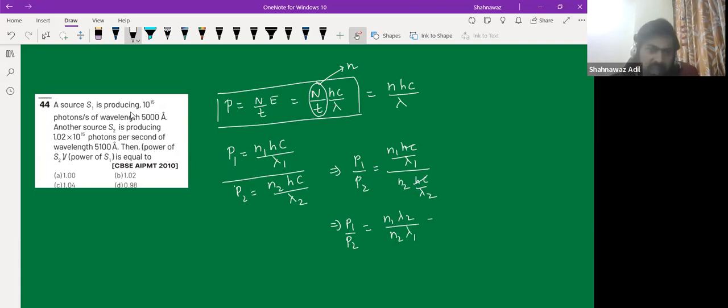So N1 is 10 to the power 50. Lambda 2 is 5100, and divided by N2, producing 1.0, right? Is it the decimal? Sorry. I thought that this is the dot.